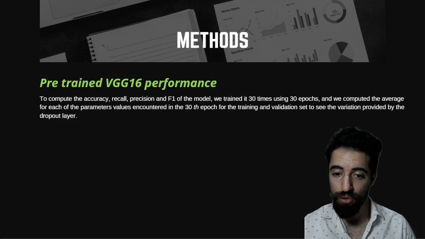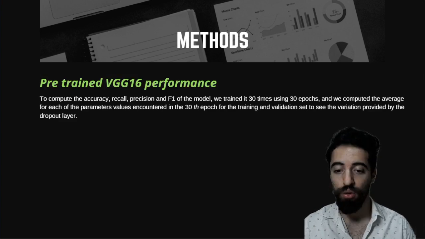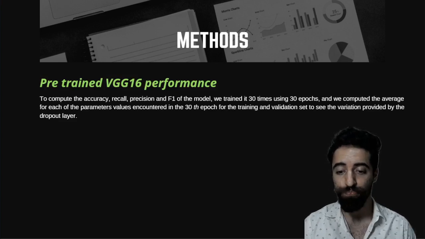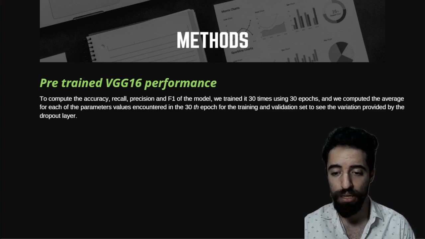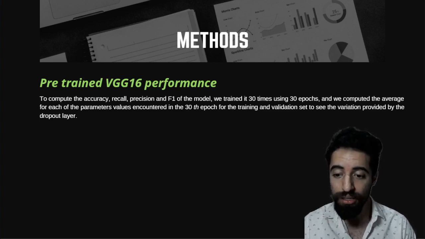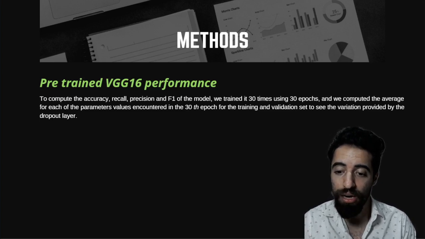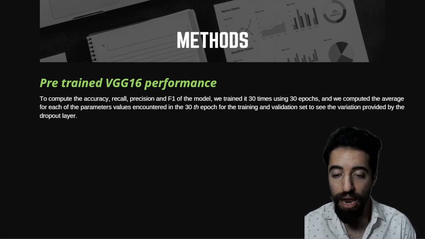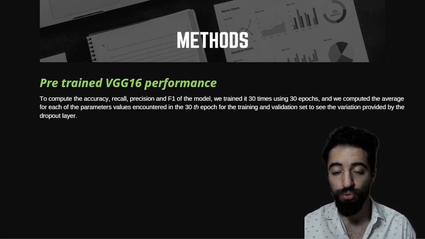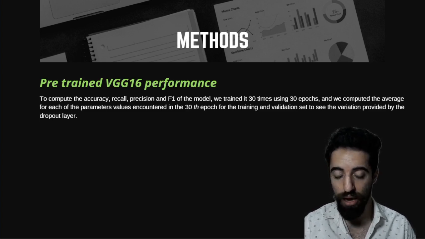And then we compute the accuracy, the recall, the F1, and the precision. For all of these parameters, we trained 30 times using 30 epochs, and then we computed the average of each run. So we take the 30 epochs for each time that we trained, and then we take an average for all the parameters, okay?